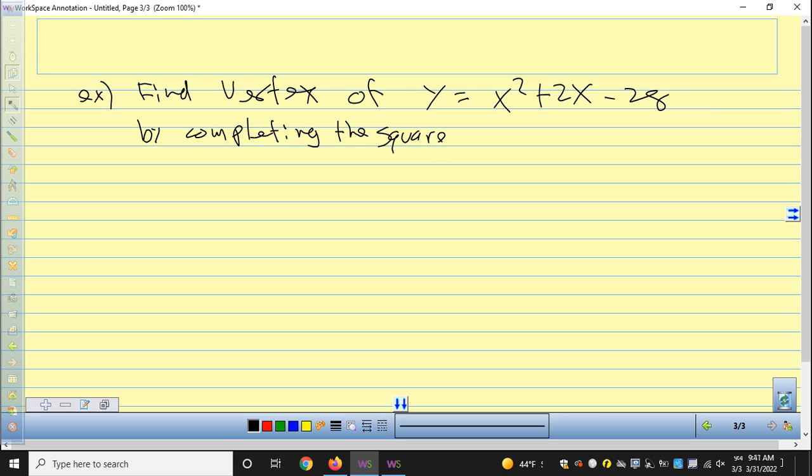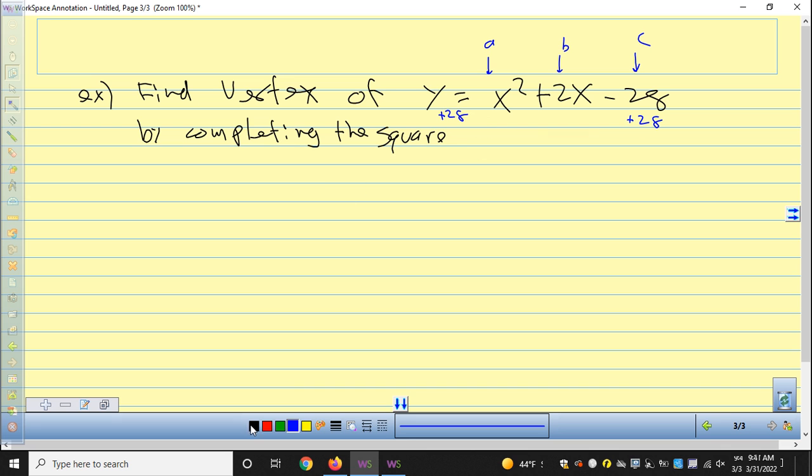Well, I already have y equals. We have it equal to y. So that's good. I'm just going to label my A, B, and C. My first step is to move C to the other side of the equation. So I'm going to add 28.